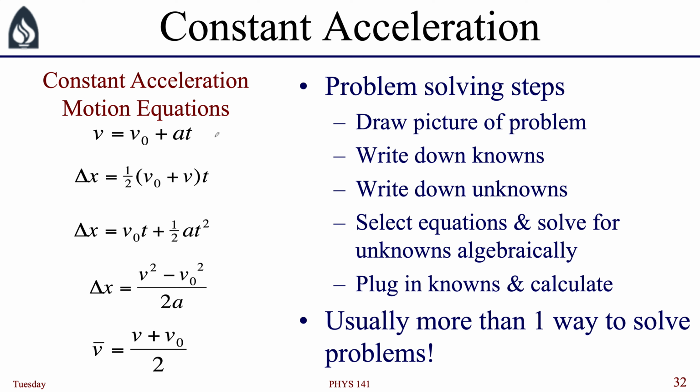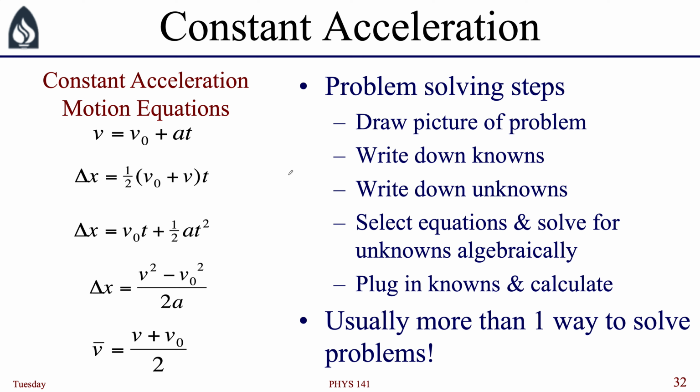This looks like a lot of equations, but it actually makes life way simpler for us to have all of these different options. Because you may encounter a problem where you know something about velocities and acceleration and need to find something out about time, and then maybe this would be the most efficient equation to use. Or you might know something about displacement and acceleration and need to find out something about velocity.